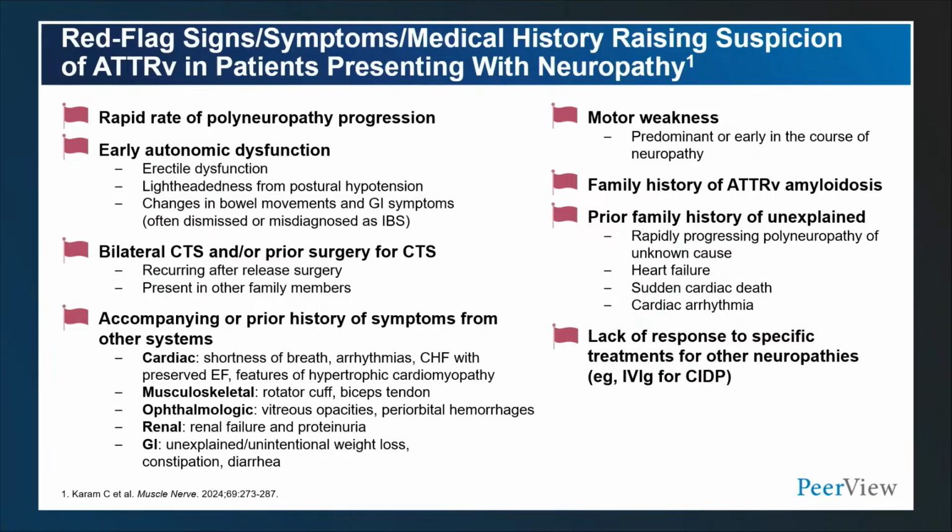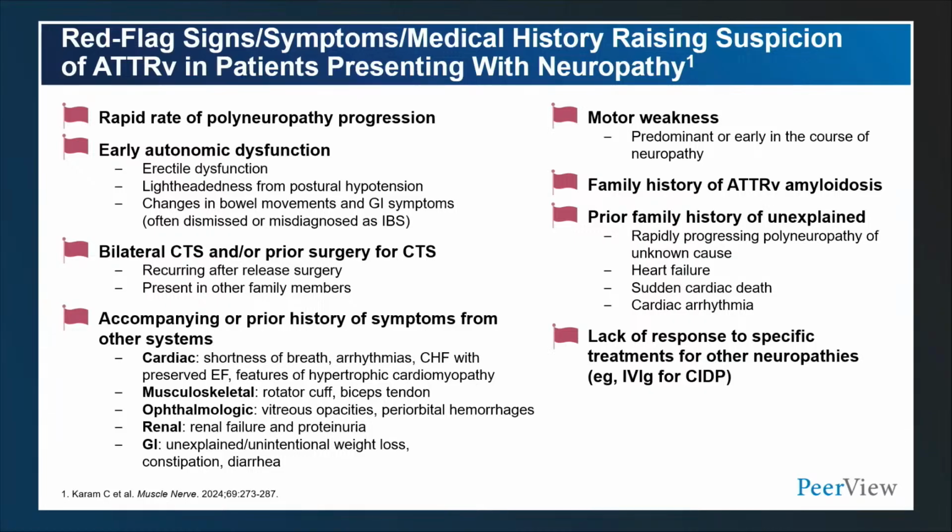And then accompanying prior history or symptoms from other organ systems. So for example, cardiac manifestations can be shortness of breath, arrhythmias, CHF, notably with preserved ejection fraction, features of hypertrophic cardiomyopathy, often a very low voltage EKG. Musculoskeletal manifestations can be rotator cuff tears, bicep tendon ruptures.